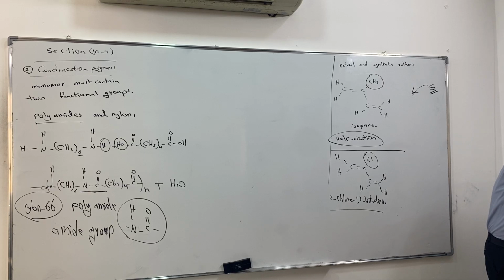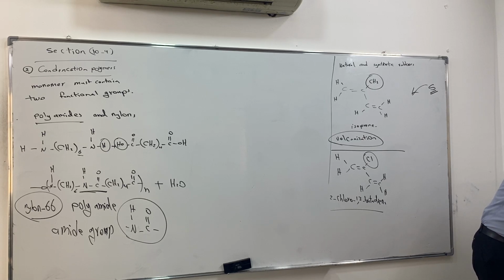Polyamides have become commercial successes because they can be fabricated into many different forms. For example, they can be knitted and woven like natural fibers to make stockings and other types of clothes.